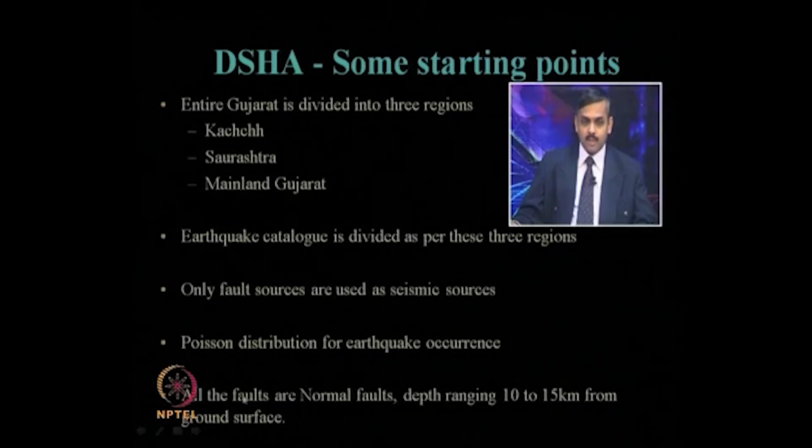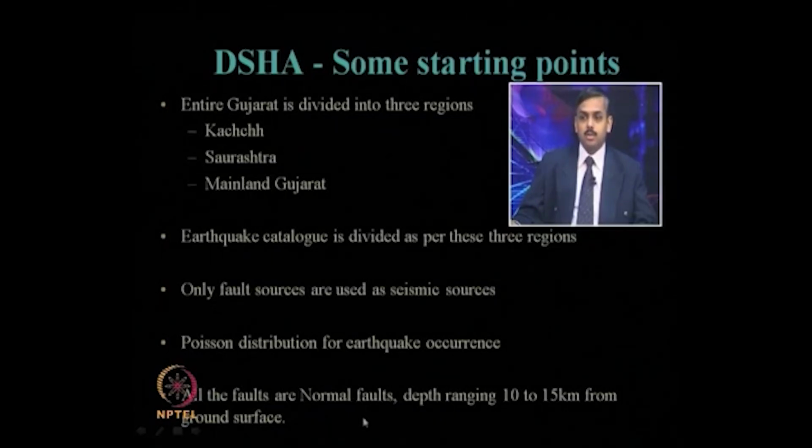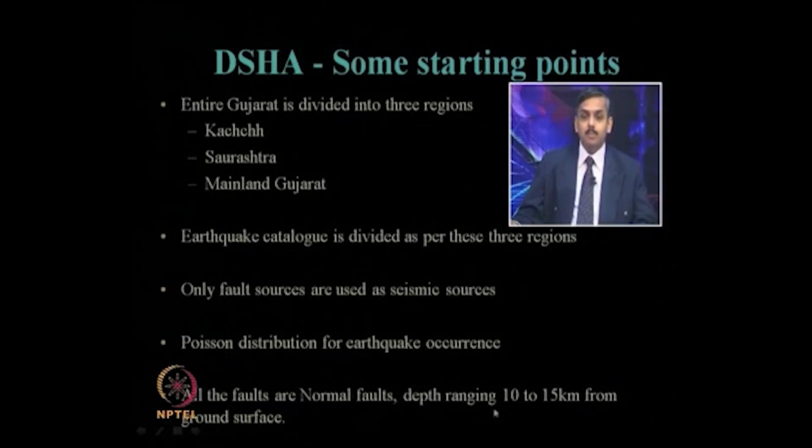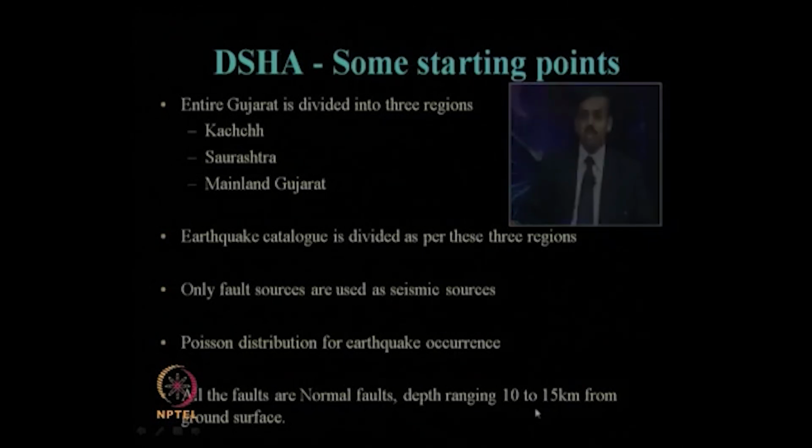One assumption is that all the faults are assumed as normal faults when there was no specific data about the collected fault information, and their depth ranges between 10 to 15 kilometers from the ground surface, which essentially means these are shallow earthquake sources.